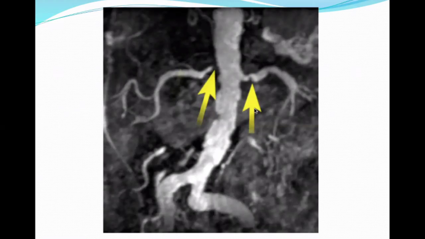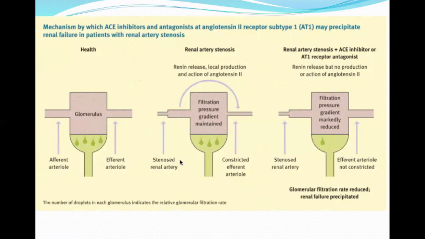And also what angiotensin 2 does is it constricts the efferent arteriole and tries to maintain the filtration pressure gradient across the glomerulus. So you can read about this. And so this is how the glomerular filtration is maintained when there is a renal artery stenosis.